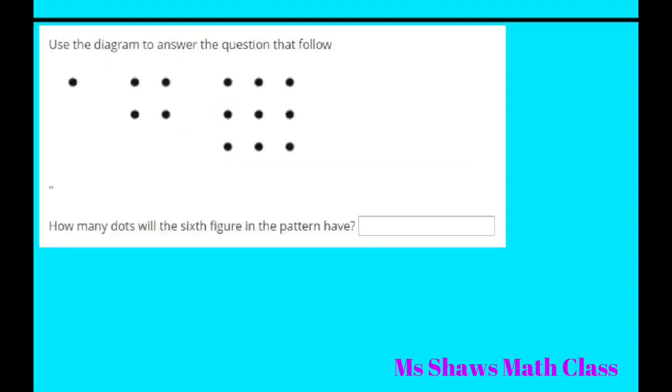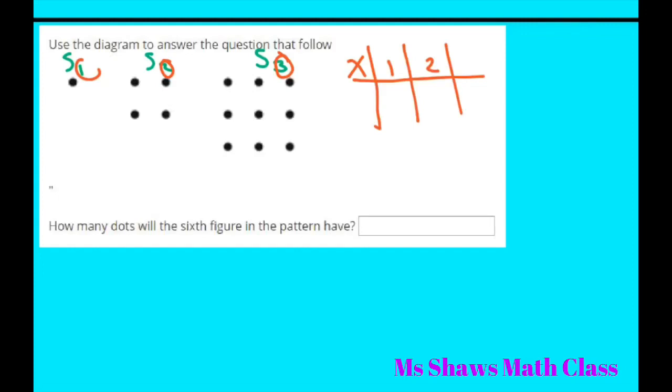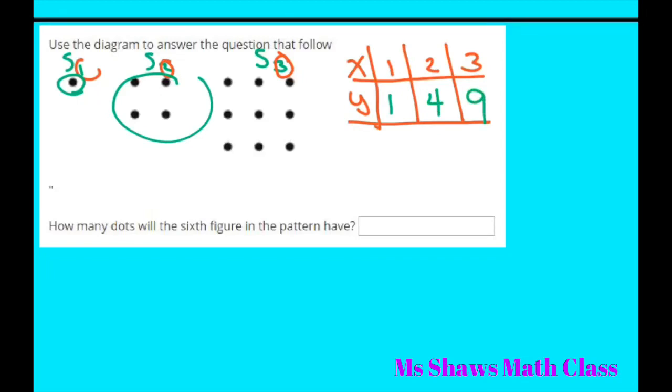The last one is a common one. I'll call this stage 1, stage 2, and stage 3. We definitely want to use these numbers here. You could call those your x is 1, 2, 3, and then your y is your output. In this case, that would be 1, 4, and 9. As you look at that, it looks like we're just squaring everything.